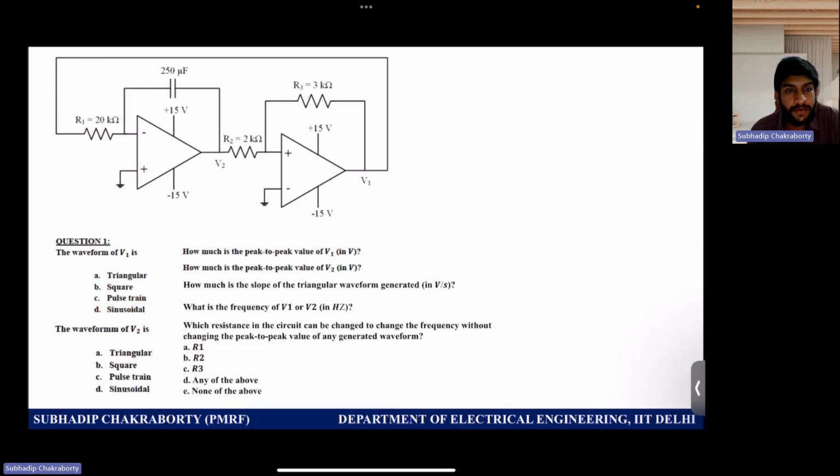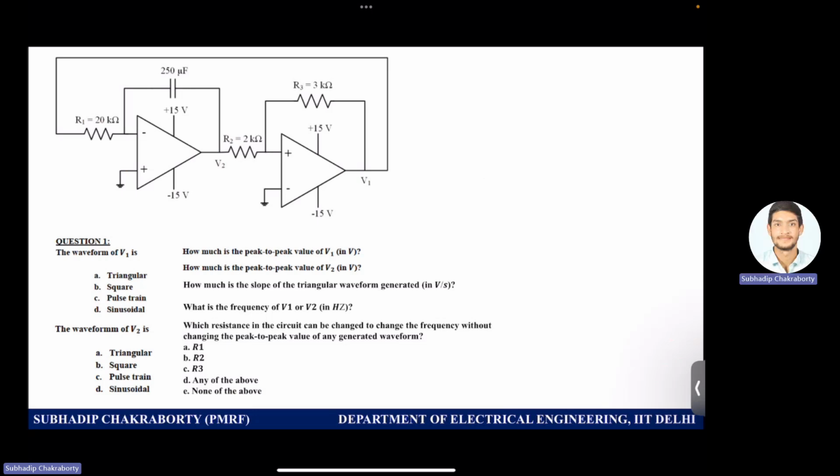So just see the next problem where you have a different network configuration comprising of 2 back-to-back connected operational amplifiers, and you have been asked to find out the waveform and comment about their peak-to-peak values and the slopes and the frequencies and all those parameters. So kindly analyze this network. I'll give you some time and you can just solve yourself faster.